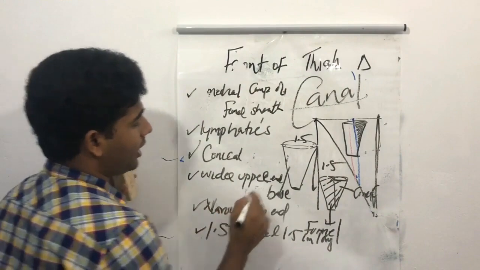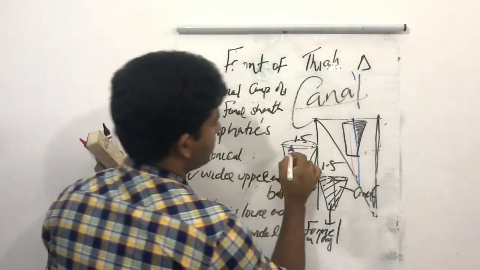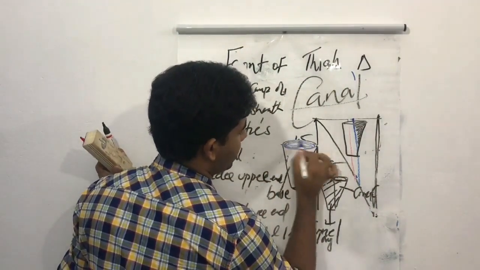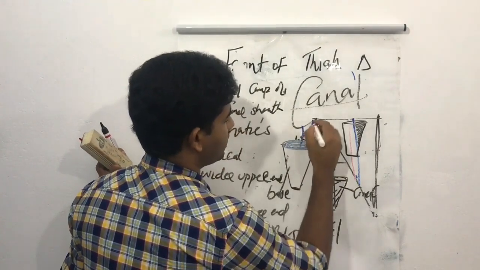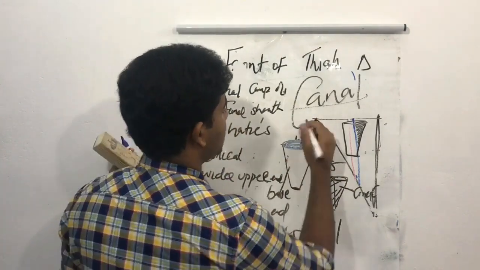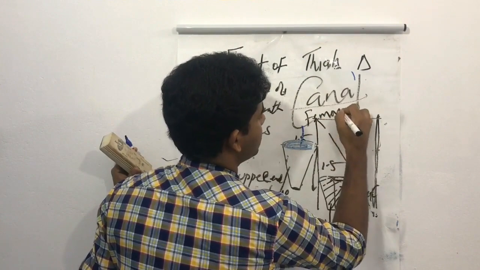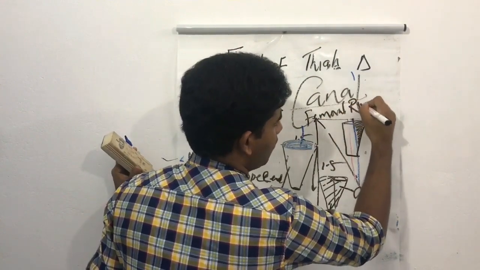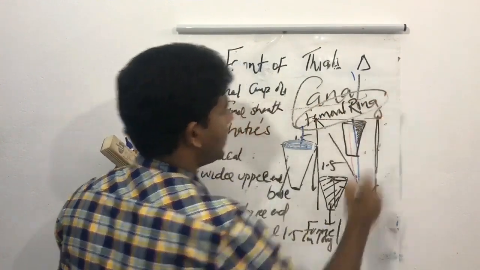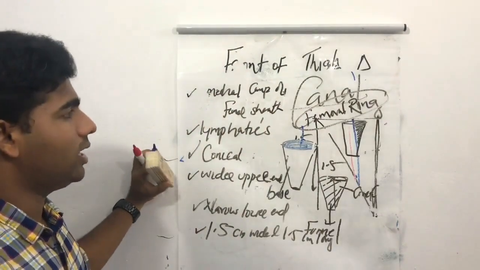Another peculiarity, this portion is shaped like a ring, and that is known as the femoral ring. Its base, or upper end, is known as the femoral ring.